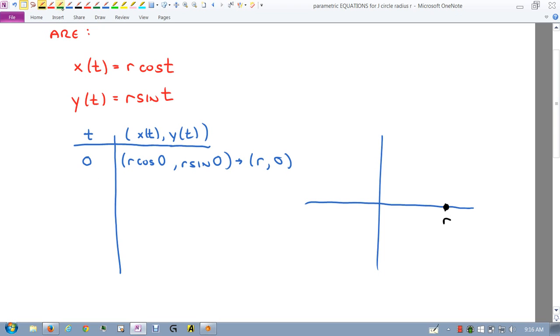If we do pi over 4, you're going to have r cosine pi over 4, r sine pi over 4, which will give you, since cosine pi over 4 is root 2 over 2 and sine of pi over 4 is root 2 over 2, something like root 2 over 2 r, root 2 over 2 r. And the square root of 2 over 2 times r, if you were to measure that, it would come up and over. It would be somewhere around here.